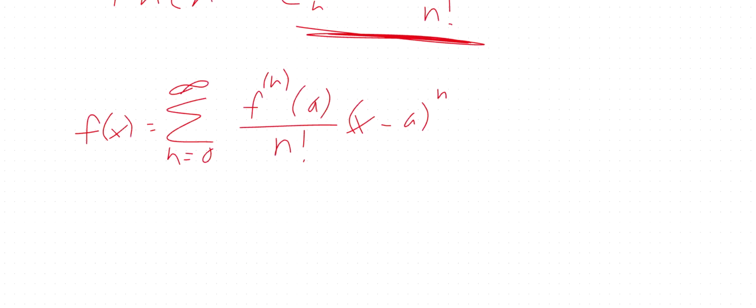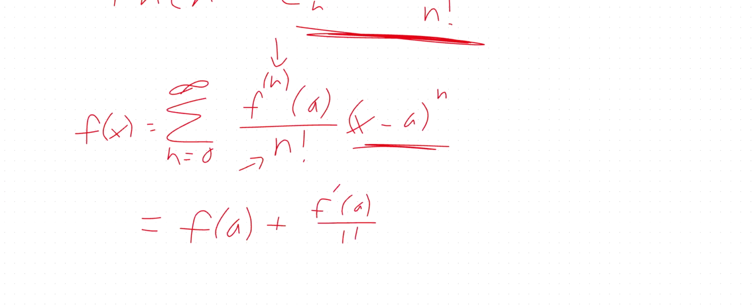So if we write this all out, we're going to get just f at a. Whenever n equals 0, we're going to treat this 0 derivative as our normal function, and 0 factorial equals 1. Then our first derivative over 1 factorial, which is just 1, plus our second derivative over 2 factorial, and so on.